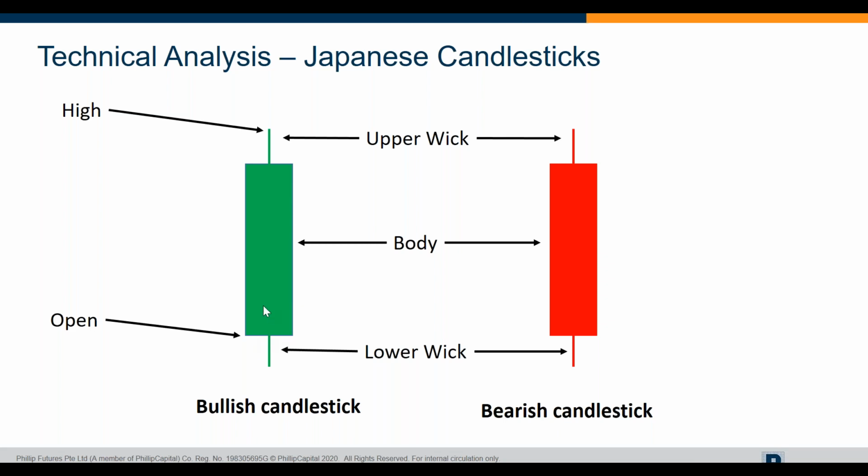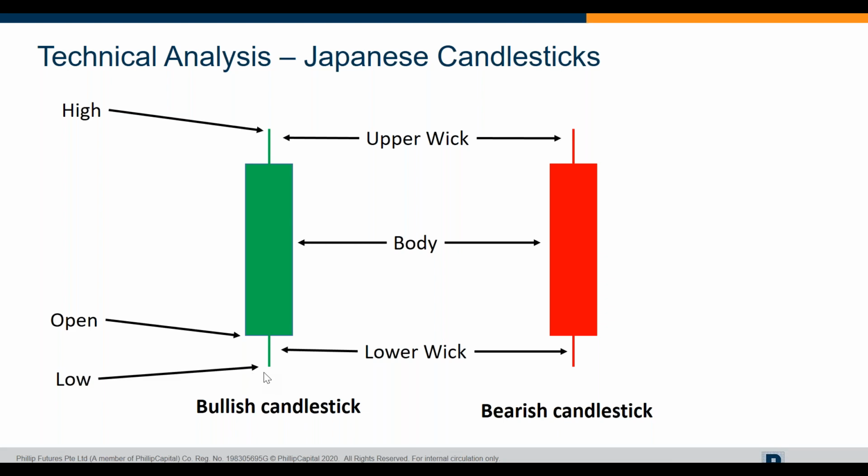What a 1 hour candle means is basically this candle summarizes the price movement during that 1 hour. At the start of the hour, the opening price is this, and during the 1 hour, the price traded up to a high, the top of the wick is the high, or you can trade down to the low point here.